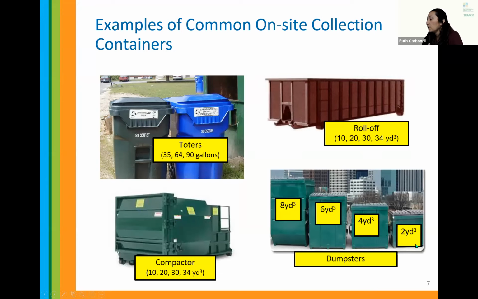So this is just to give you an idea of how they look, and so you can compare to what you have on site. Compactor, some people have a compactor for trash or a compactor for cardboard, etc. Make sure you are putting the right container size when you're typing those numbers, since that is going to affect the total amount of pounds that you are reporting.